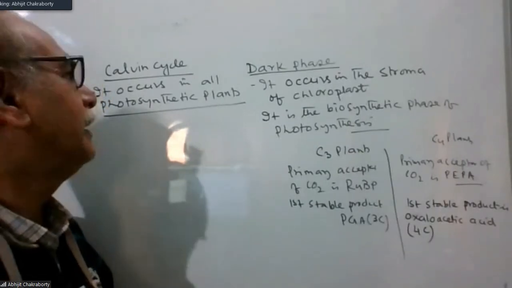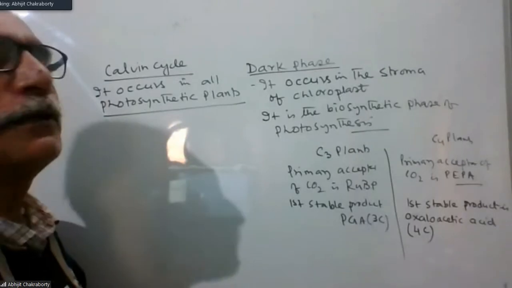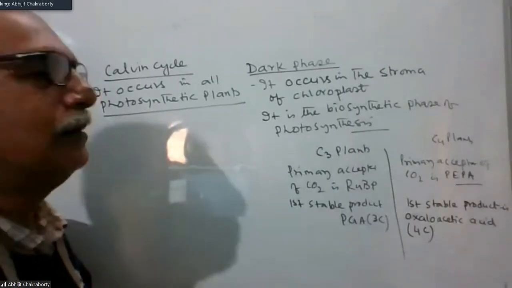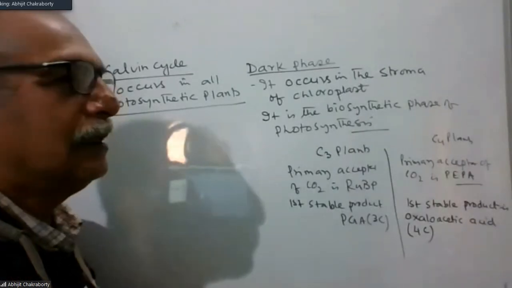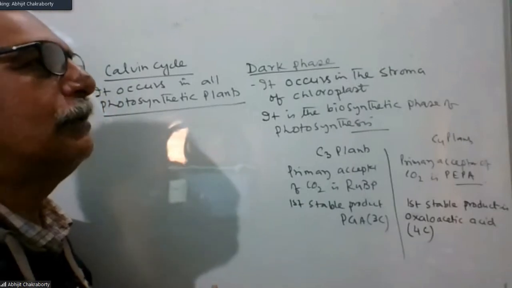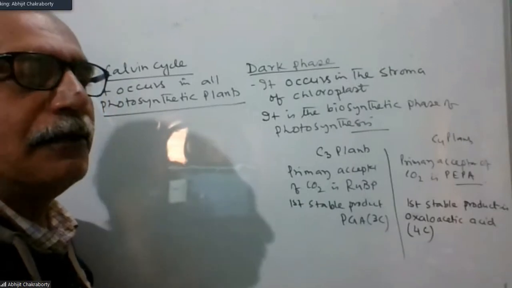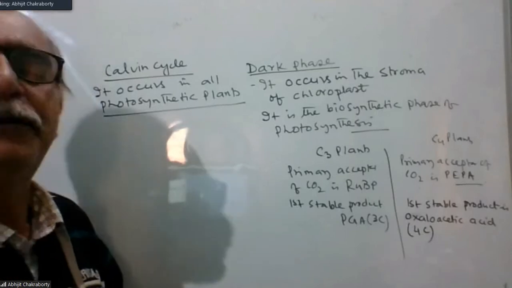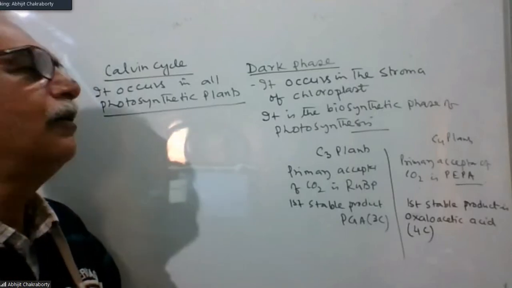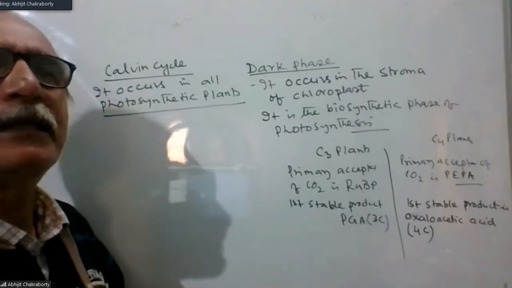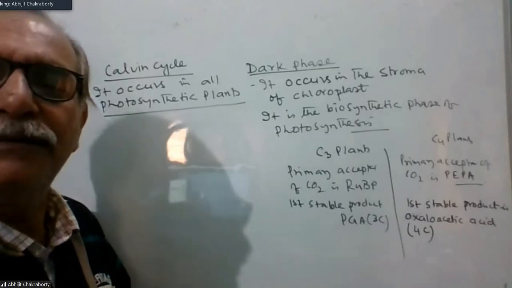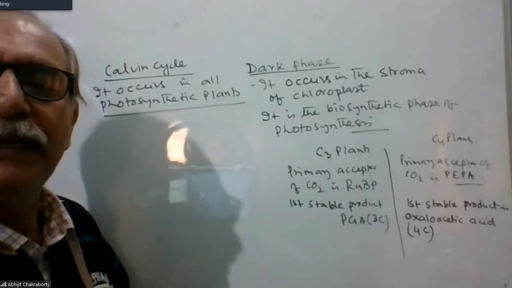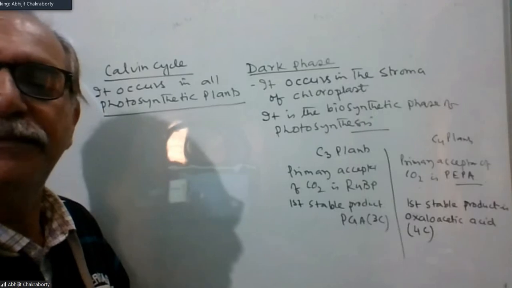That's why the Calvin cycle occurs in all photosynthetic plants. Whether it is the Hatch-Slack cycle, C4 plants, C3 plants, or CAM plants, if food is to be prepared in photosynthesis, obviously the Calvin cycle is required. Is it clear to you all? Yes, sir.